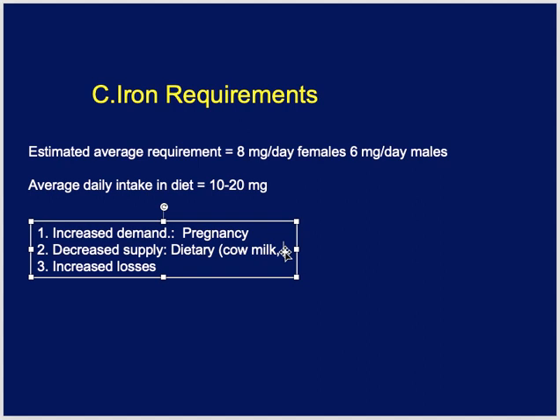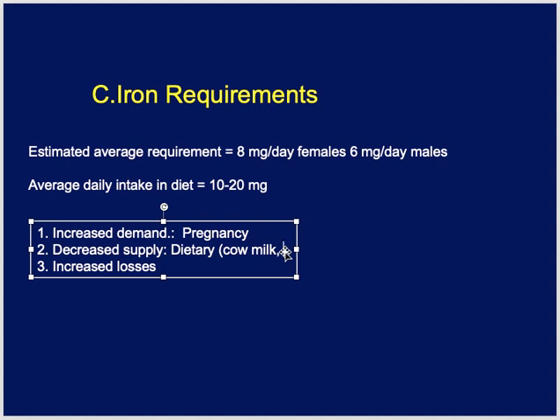For example, decreased supply can come in this category. For example, someone who has some duodenal conditions like celiac disease or inflammatory bowel disease, in which they are taking enough iron, but their intestines are not absorbing it.